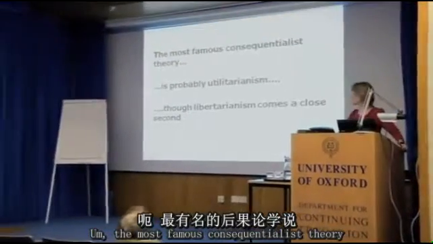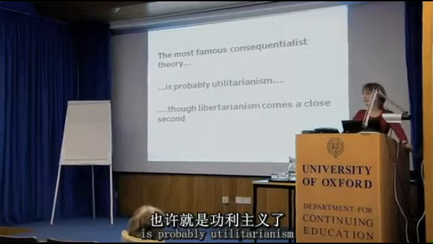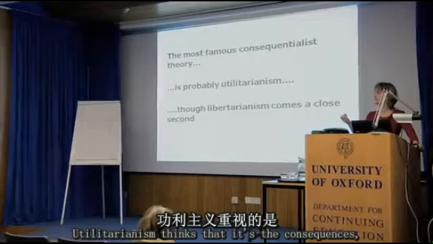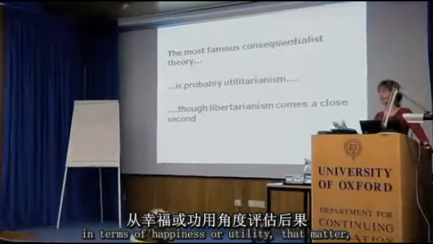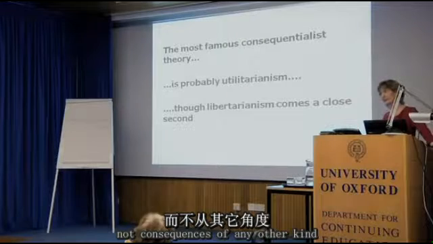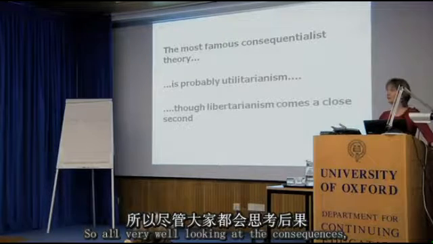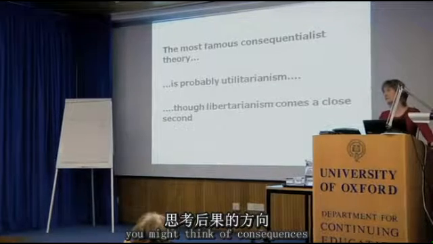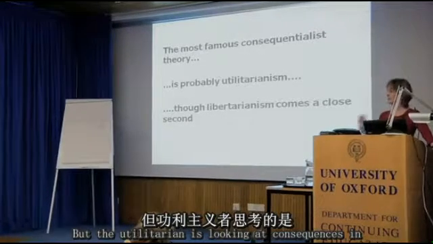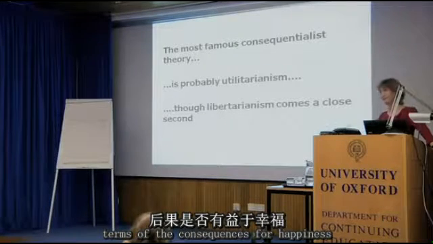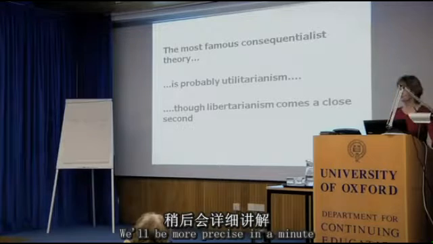The most famous consequentialist theory is probably utilitarianism. Utilitarianism thinks that it's the consequences in terms of happiness or utility that matter, not consequences of any other kind. There are lots of different ways in which you might think of consequences, but the utilitarian is looking at the consequences for happiness, as we shall see in a minute.